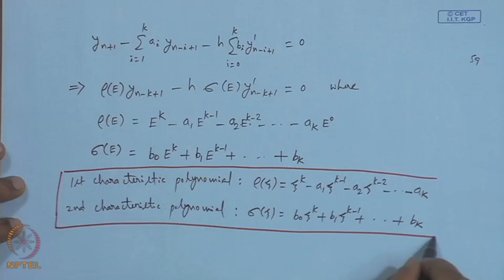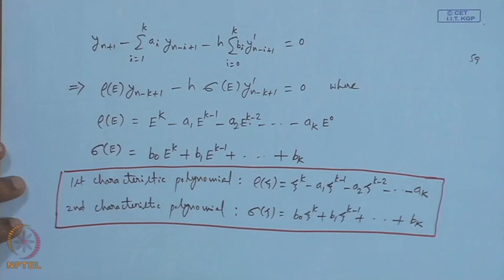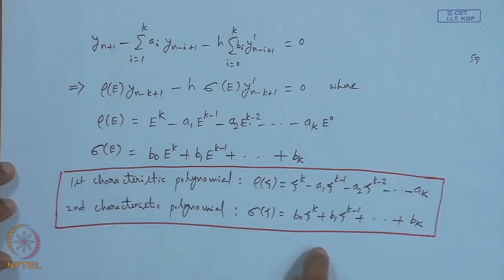linear multi-step method, these are important within the context of stability of a method. So, we will see how these will play a vital role. Okay. So, having learnt these first and second characteristic polynomials, for a given particular method, let us see how we compute these polynomials, just to be more comfortable. Okay.